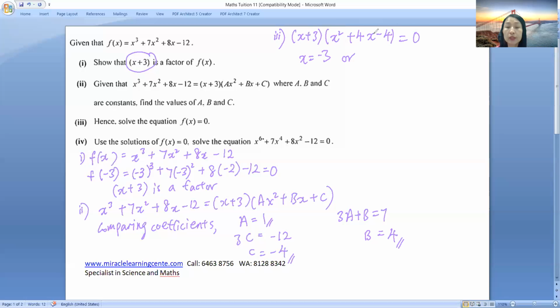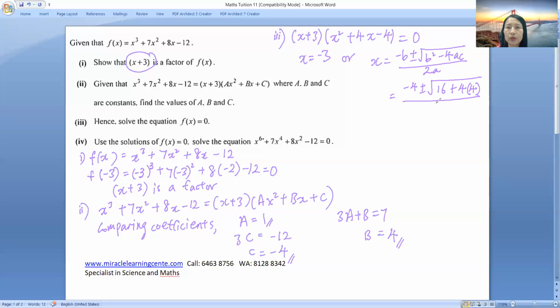So how do I solve for this? I use the formula: x equals minus b plus or minus the square root of b squared minus 4ac, over 2a. So I need to substitute in all the values. It equals minus 4 plus or minus square root of 16 minus 4 bracket a is 1, c is minus 4, so I put a plus over here, divided by 2a.